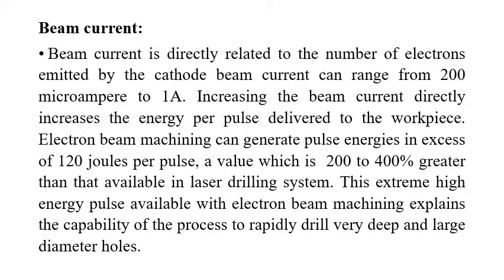The important parameter in the EBM process is beam current. The beam current varies from 100 microampere to 1 ampere, and it governs the energy per pulse being supplied to the workpiece. The higher the energy per pulse, the more rapidly the hole can be drilled.